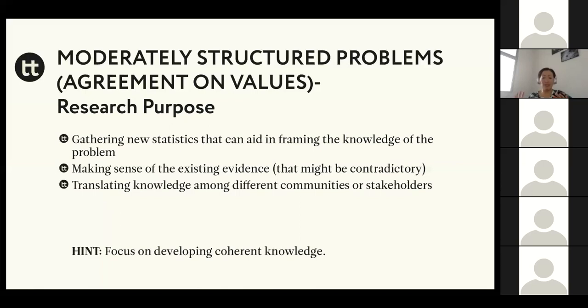So the hint for these types of problems is that we should focus on developing coherent knowledge. What we are missing here, remember, is the agreement on the knowledge that will push us forward to a solution. So we have to pay very strong attention to the coherence that we are giving to the research, to the knowledge we are producing.